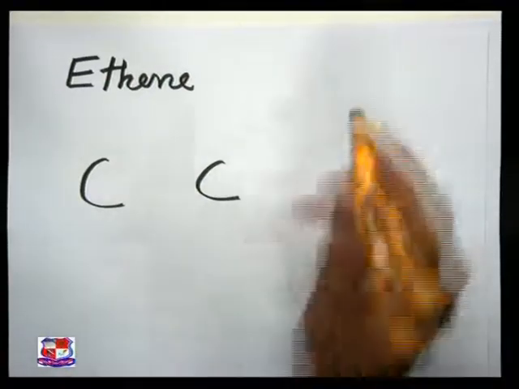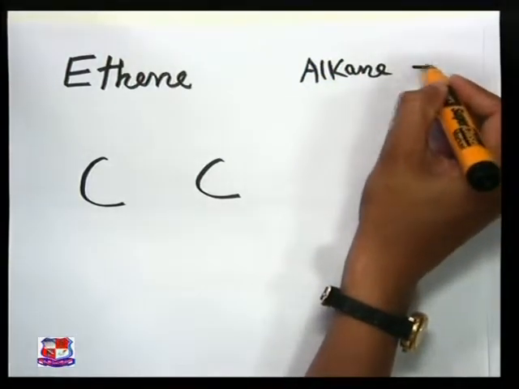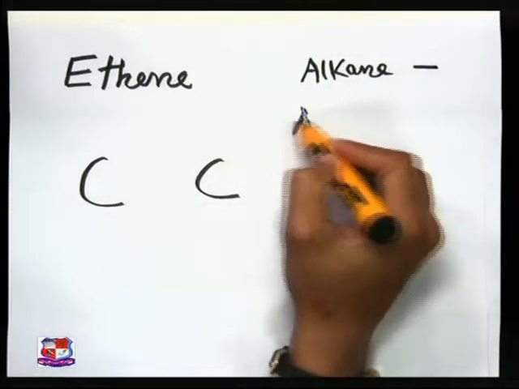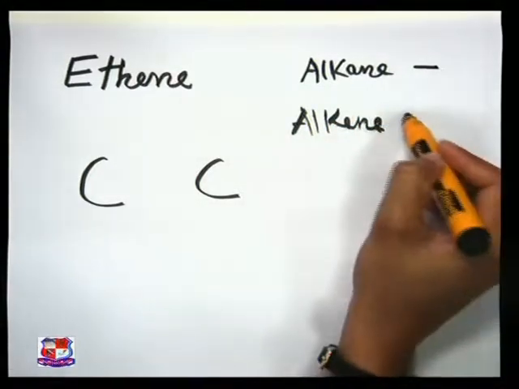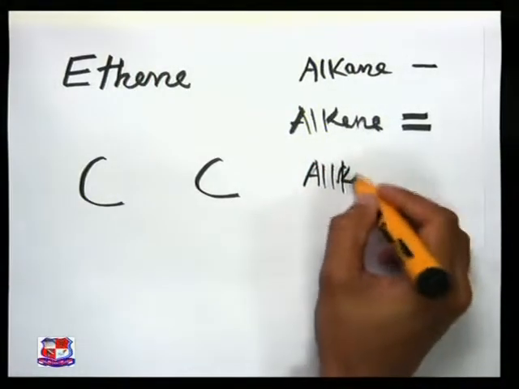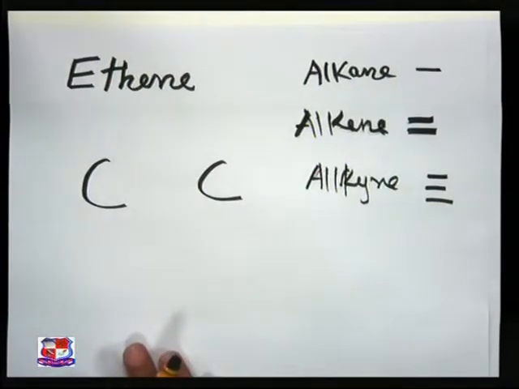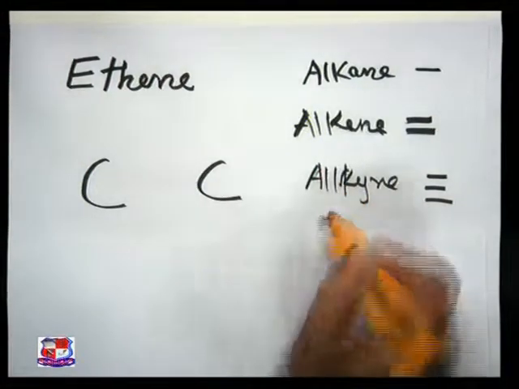Alkenes are compounds having a double bond, alkanes are compounds having a single bond, and alkynes are compounds having triple bonds. So if it is an alkane, the compound has a single bond; if it is an alkene, a double bond; and if it is an alkyne, a triple bond. These things have to be kept in mind whenever we are discussing.